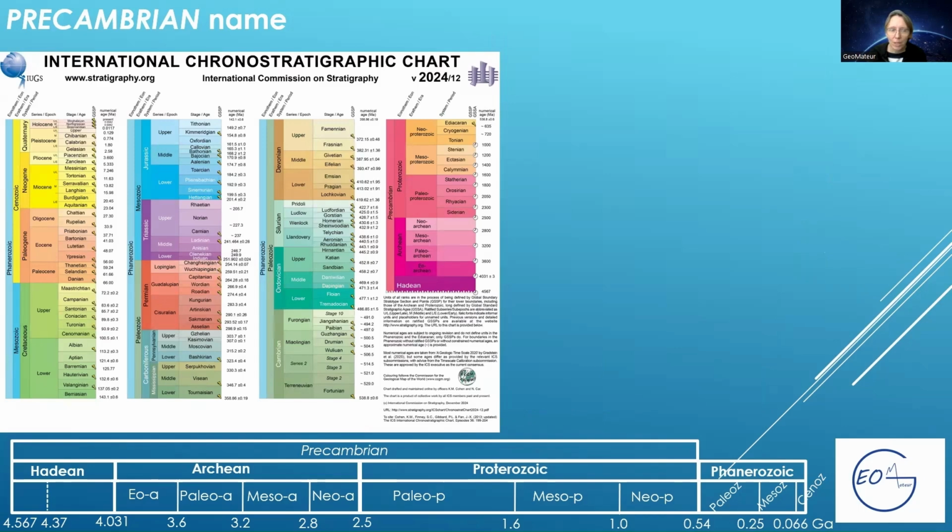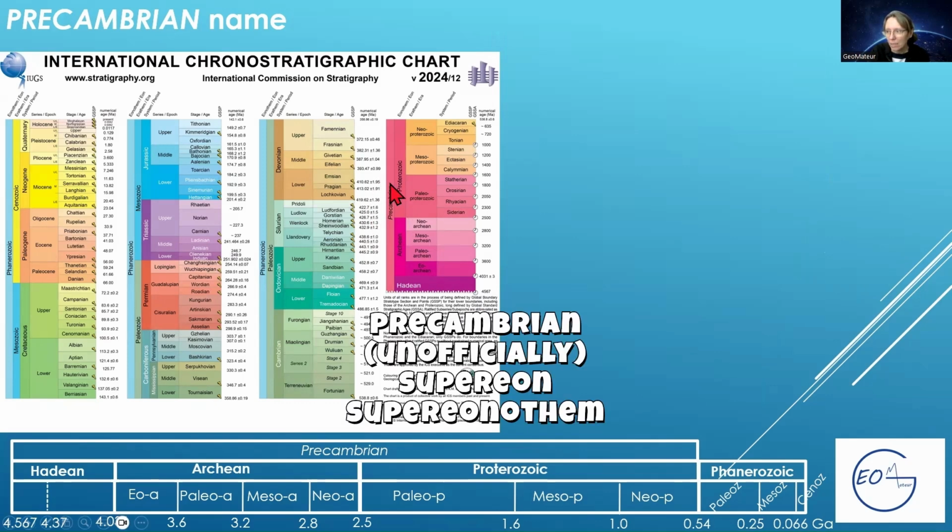Also, the term Precambrian is used in this chart. This term is not official. You can see it's given in italics in this chart. It is used to describe the first three eratems, eonothems, or eons: Hadean, Archean, and Proterozoic.